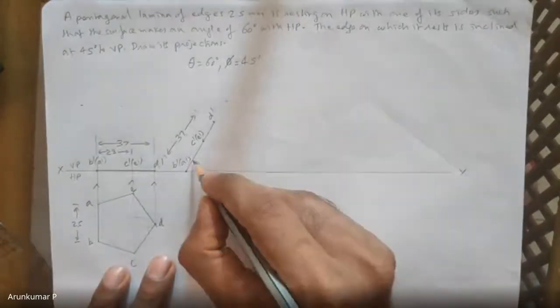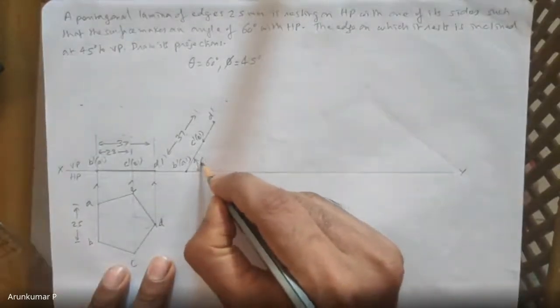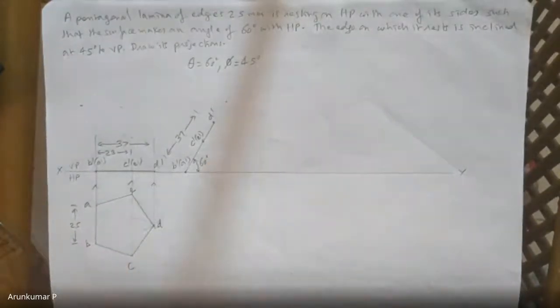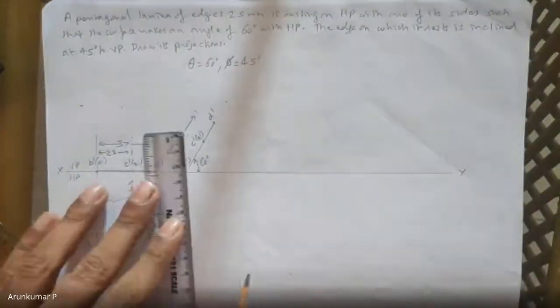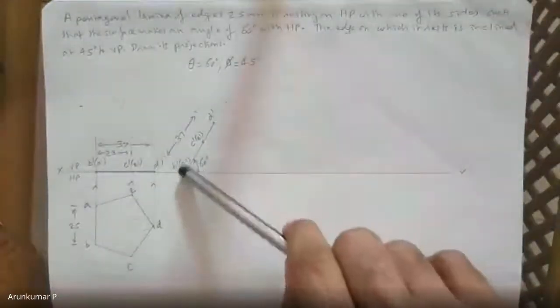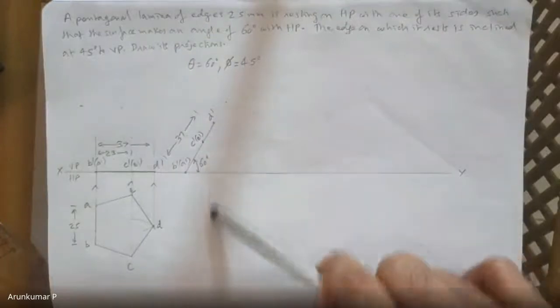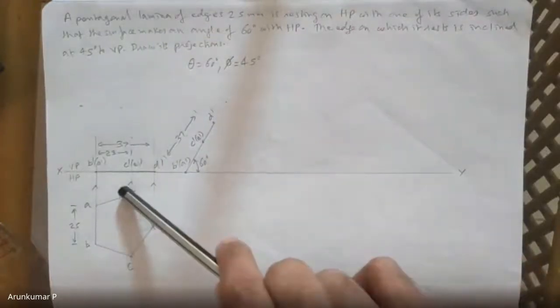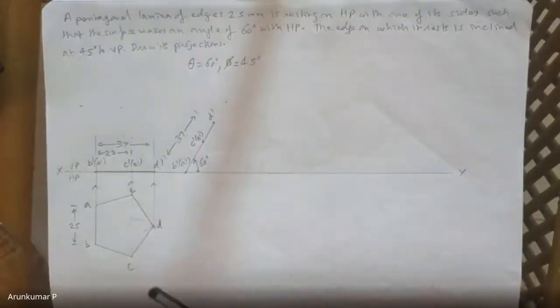And don't forget to show the angle 60 degrees. Now draw the projections. Three vertical projectors from the front view and how many horizontal projectors from the top view?